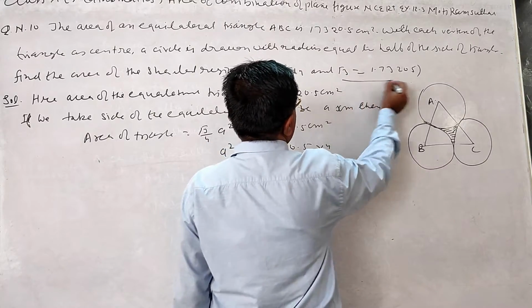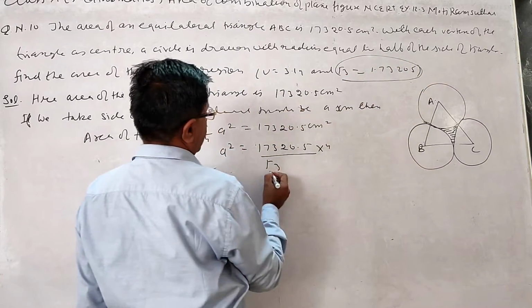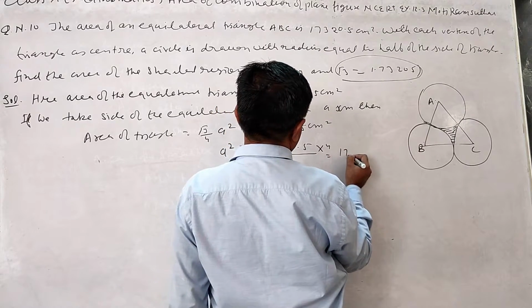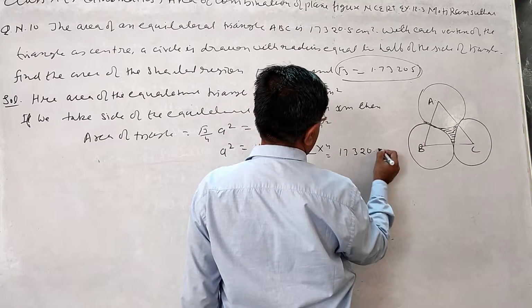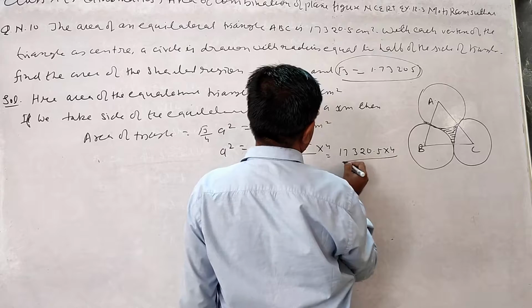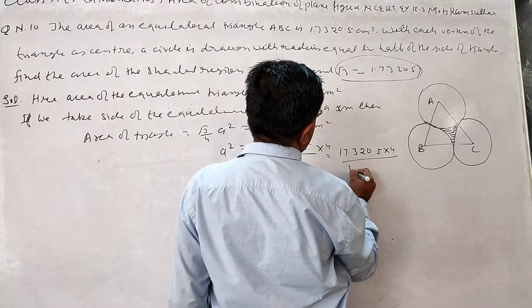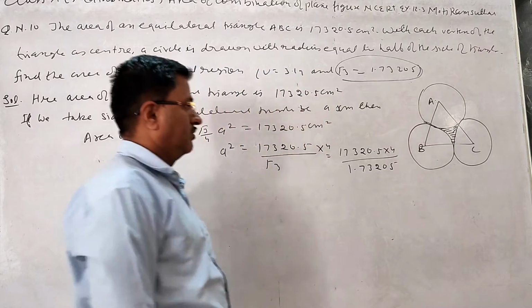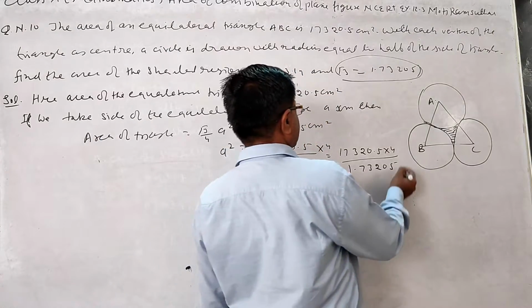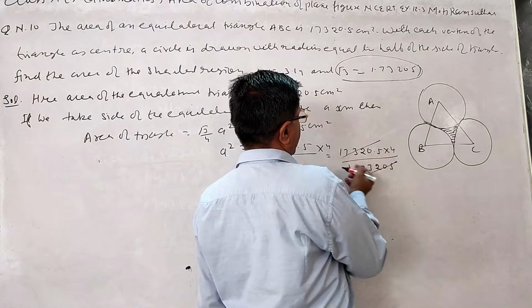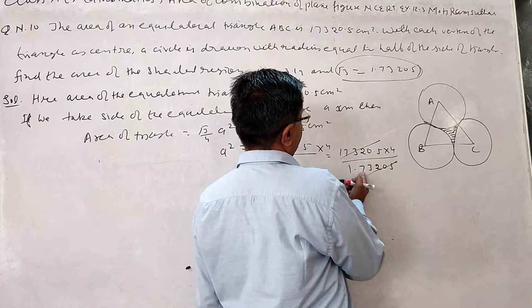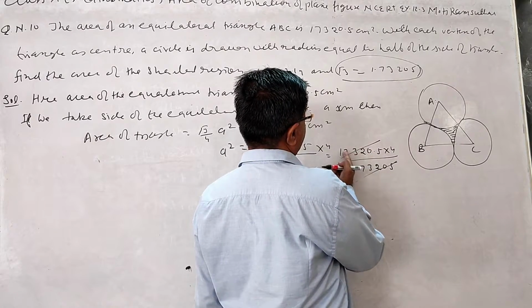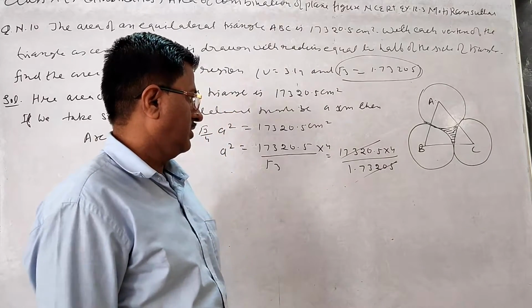Now we put the value of √3, that is 1.73205. So 17320.5 into 4 divided by √3, √3 means 1.73205. So this number will be cancelled out. Only the decimal we have to replace: 1, 2, 3, 4. Clear?